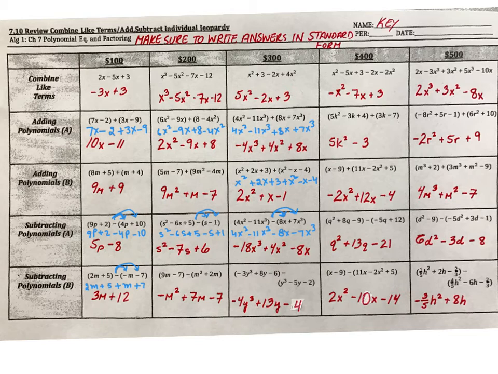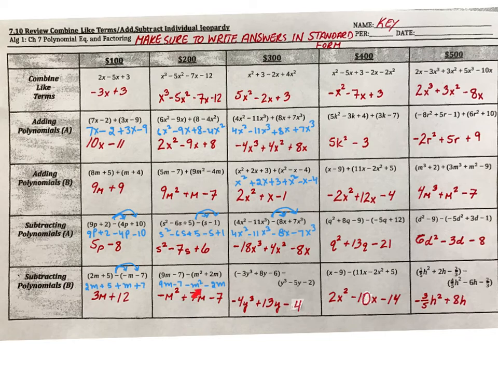For the next one, again, you're going to distribute the negative sign. So it's negative m squared minus 2m. Always write the biggest degree, the negative m squared, in the front. And then the m term would be 9m minus 2m is 7m.